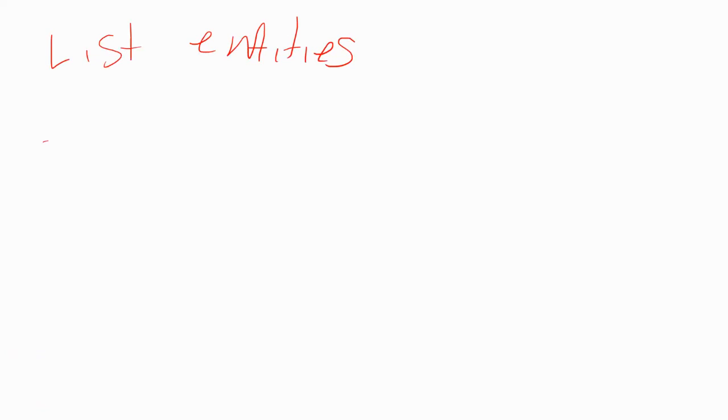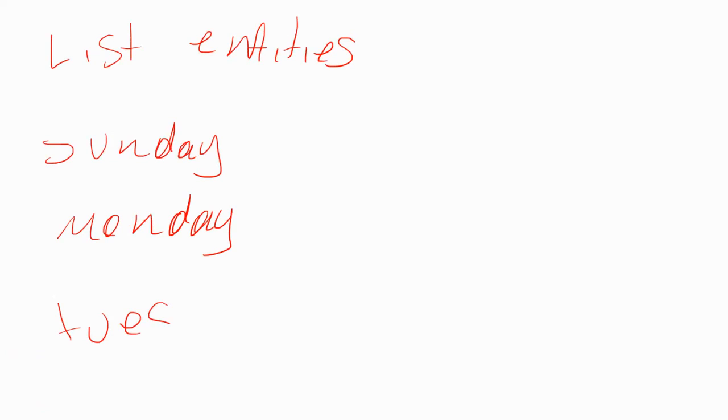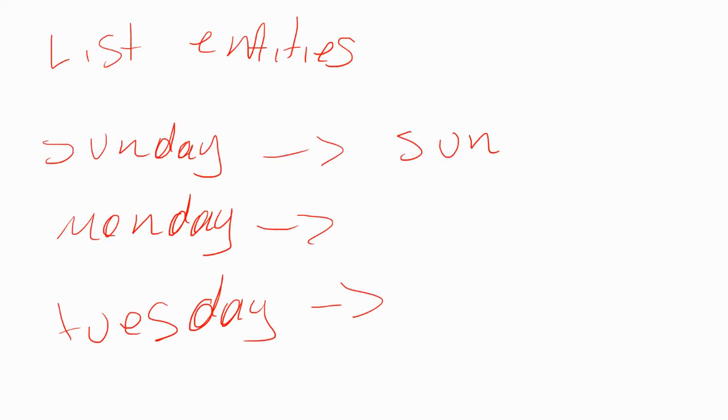Okay, Sunday, Monday, Tuesday, and so on. But we can set synonyms for this one, like sun, mon, and tue. And our project, our model, will interpret this synonym and match it to the weekday. Okay.